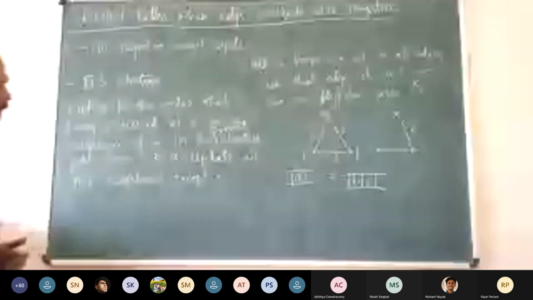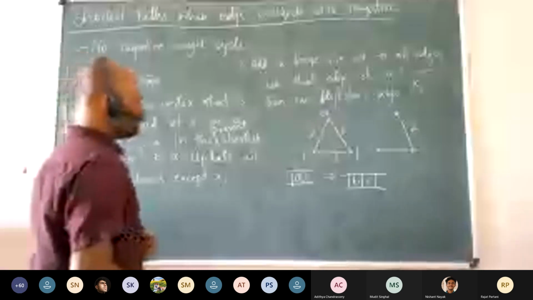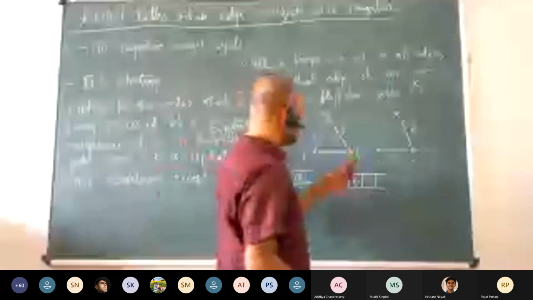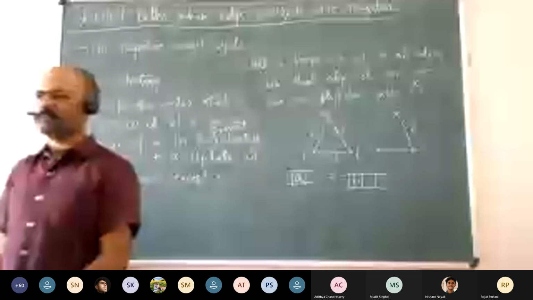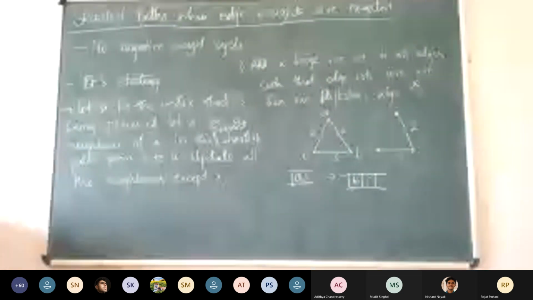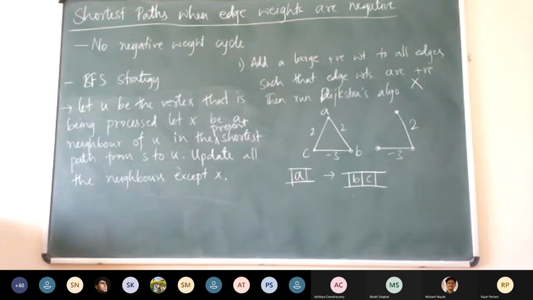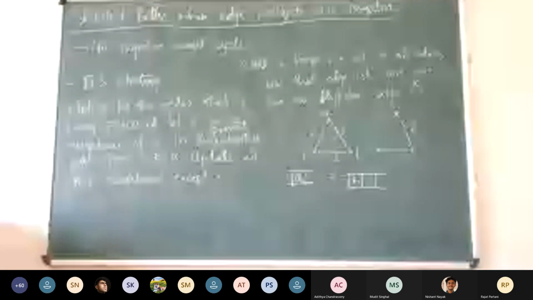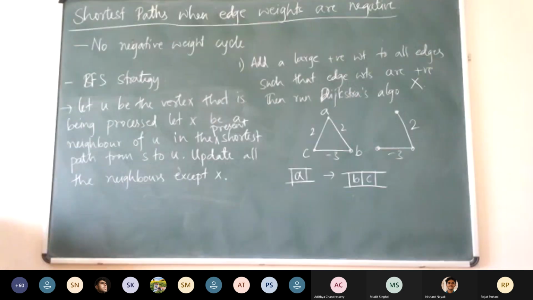And then when we are processing C, it is -1 and we will not try to update B, right? Because the shortest path is coming via B. So what Nishant said is correct, right?